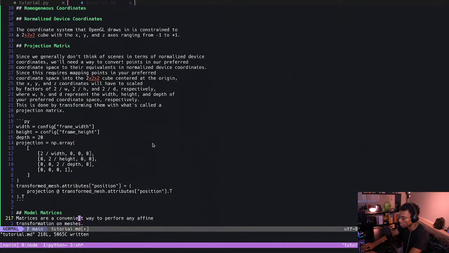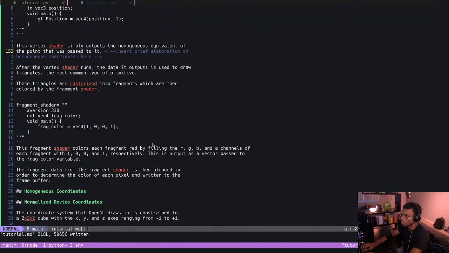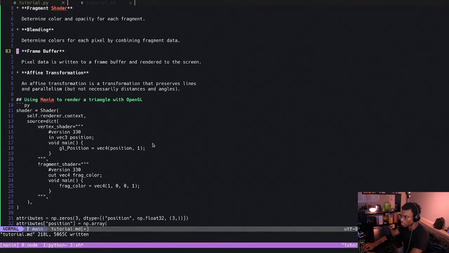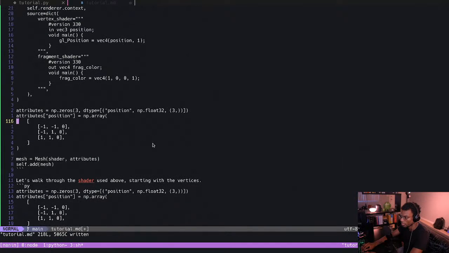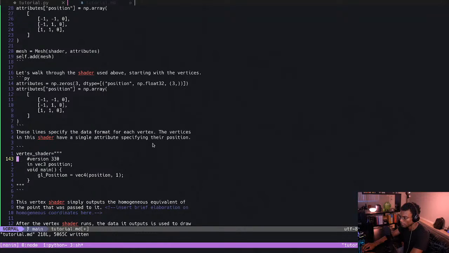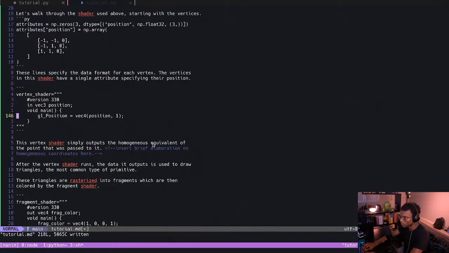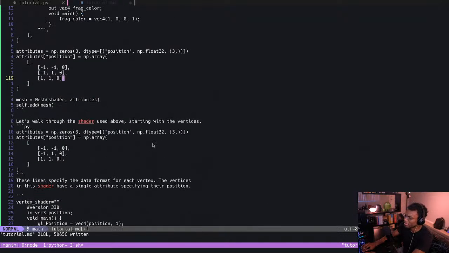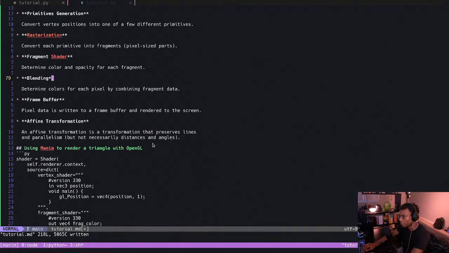I really want to use the word meshes here, but I haven't used it yet. I guess I used it in this variable name. The vertices in the shader have a single attribute specifying their position. I don't even have that great of a definition for mesh.